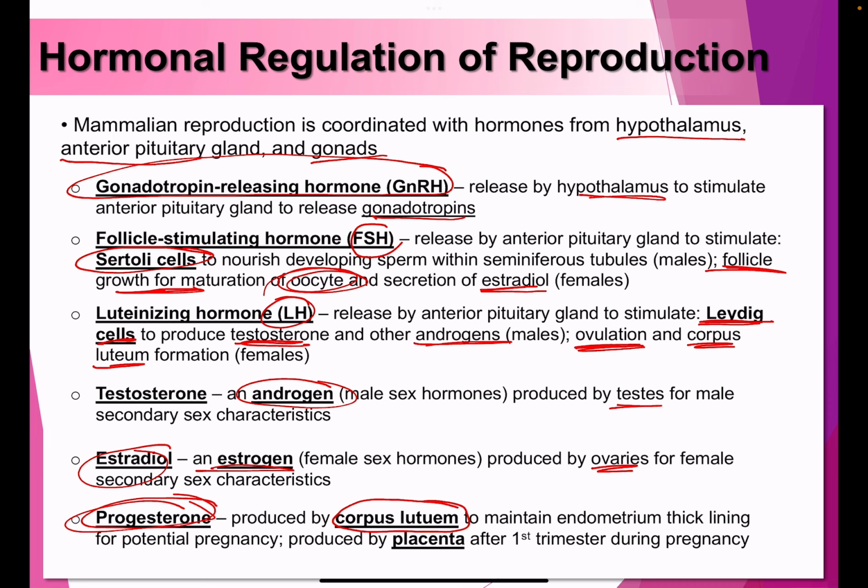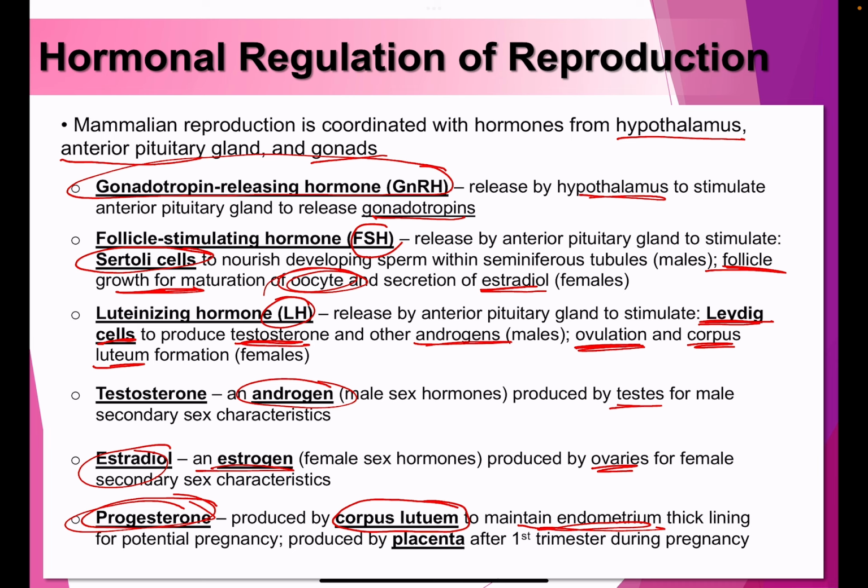Progesterone is important for maintaining the endometrium lining thick so that when you have a potential pregnancy, the embryo can implant into the lining. If there's no progesterone, that triggers menstruation. When you don't have progesterone, the uterus will get rid of that blood, and now you don't have any thick endometrium lining.